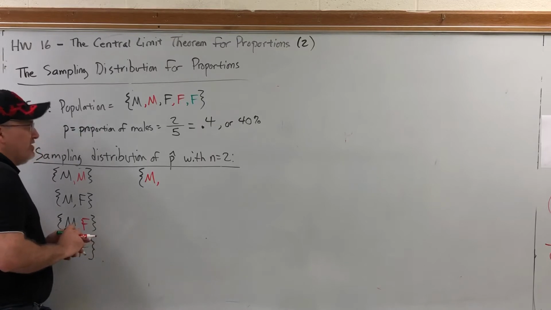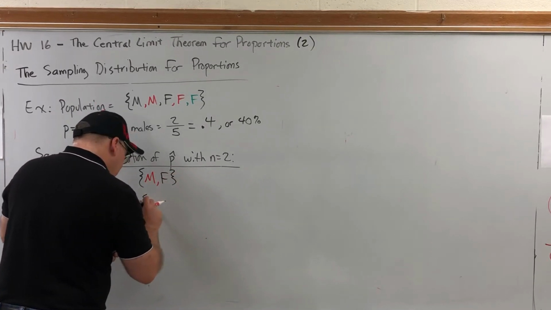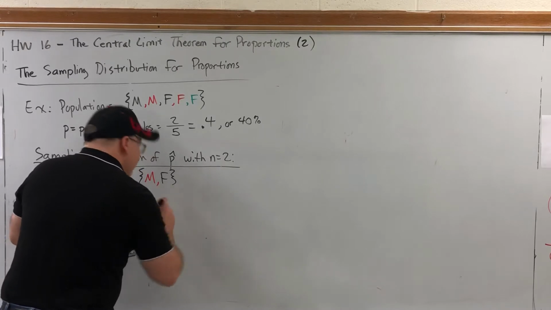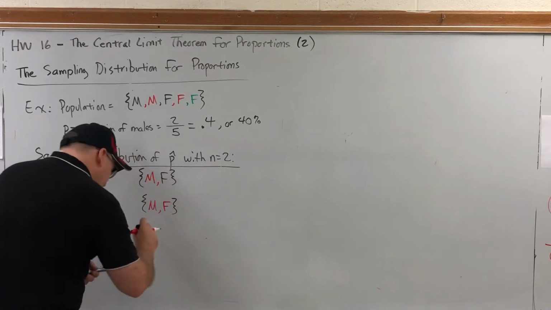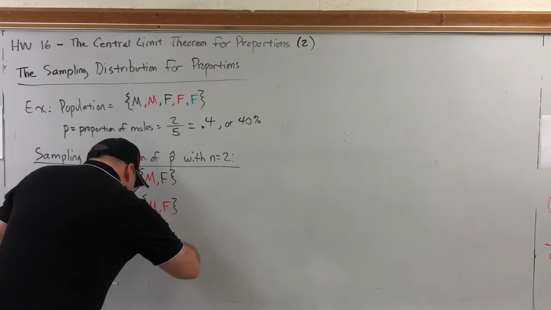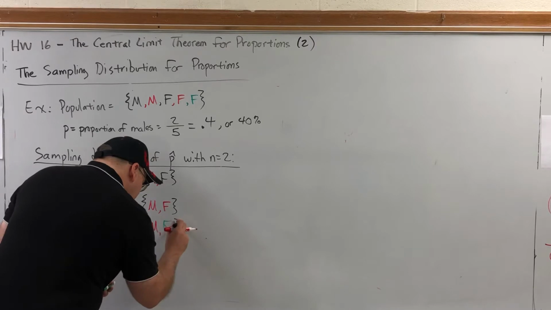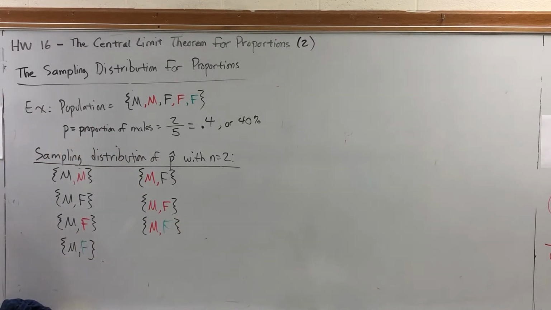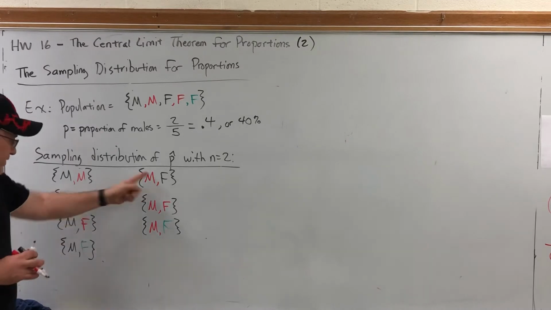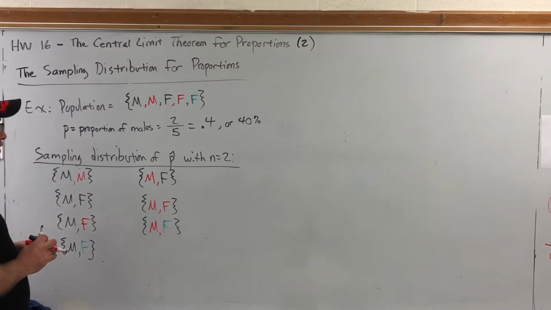So if our sample contains the red male, then it could contain the black female, or it could contain the red female, or it could contain the green female. Now we have all the samples that contain the red male. Now we have every sample that could contain one or both males.